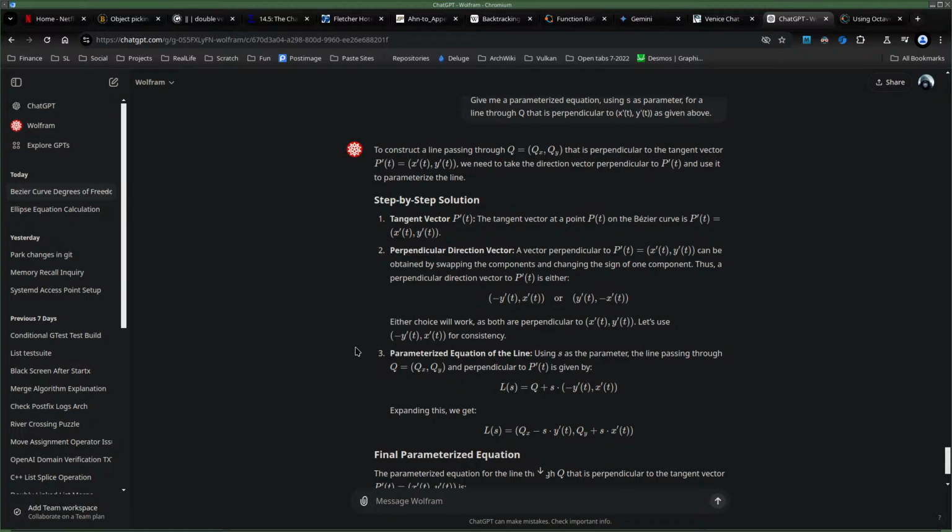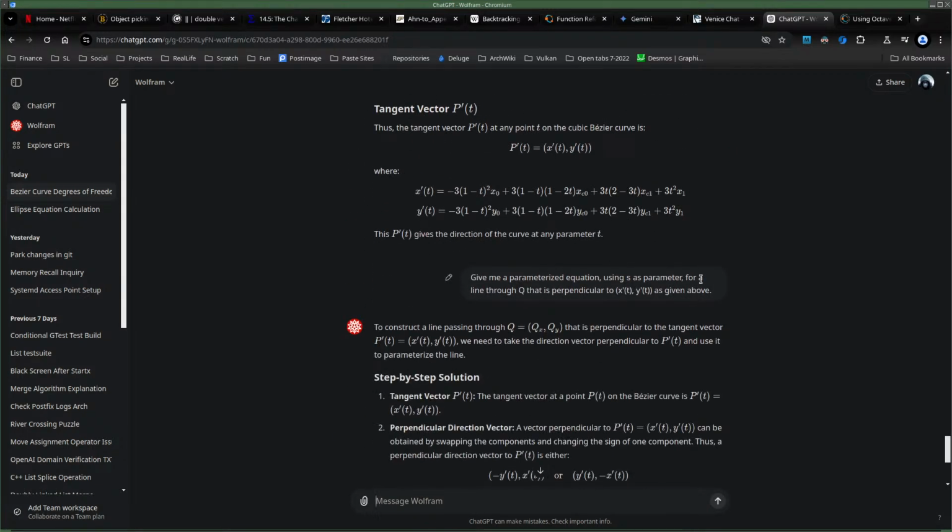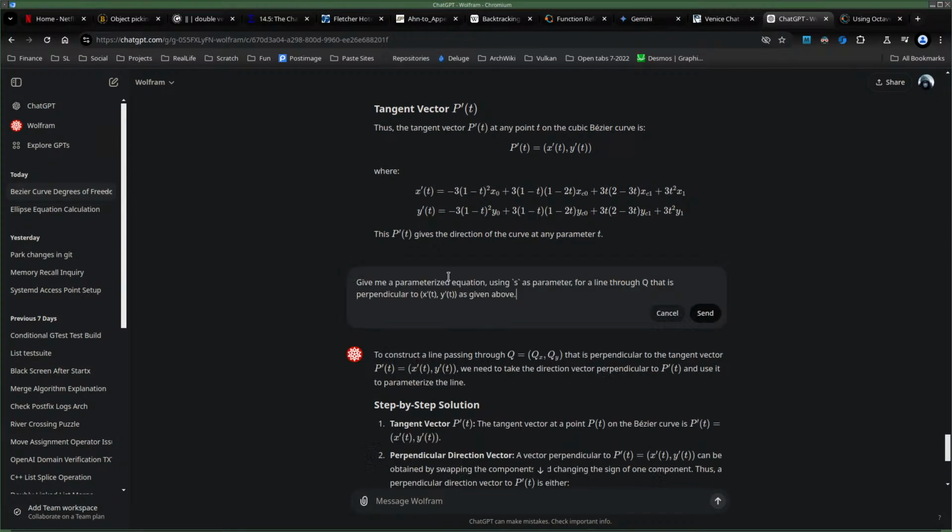Oh wait a minute, that's not true. Sorry, that's not what I wanted. I just edited it. Give me a parametric equation using S as parameter for a line, not through Q, through P(t), that is perpendicular to, I'll just use P' again, as given.